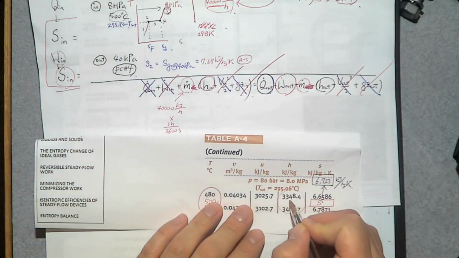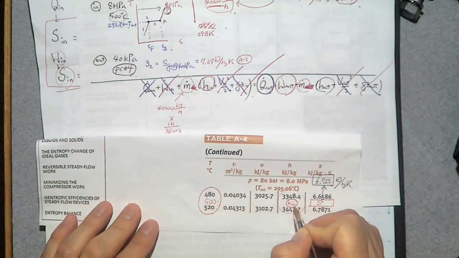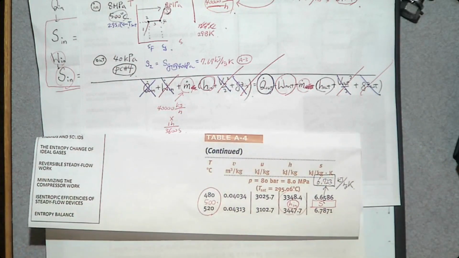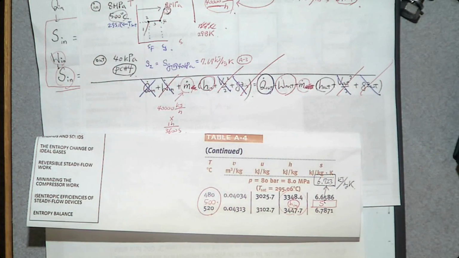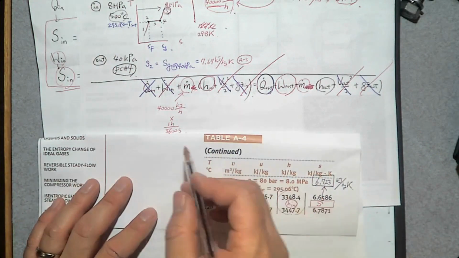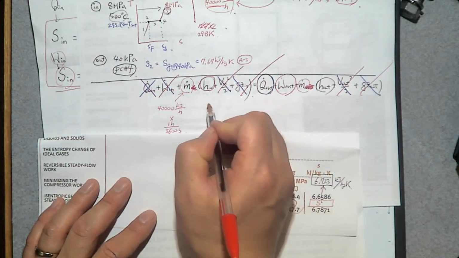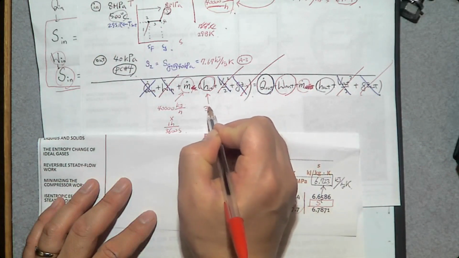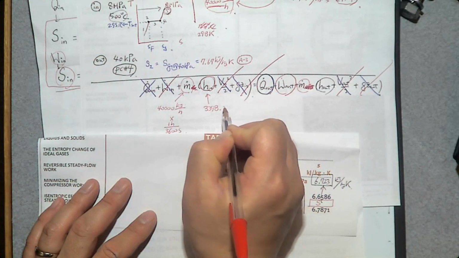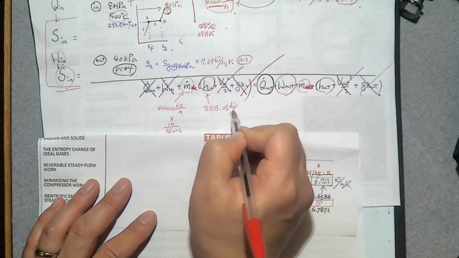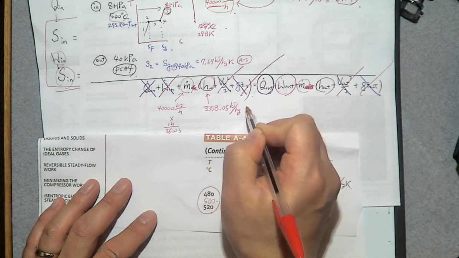Between these two numbers, there is an h in. You can do a linear interpolation to determine h in. If you do, h in is 3398.05 kilojoule per kilogram. This value is from table A4.